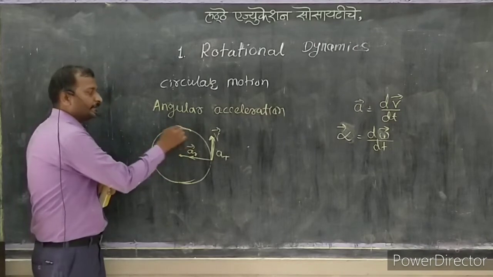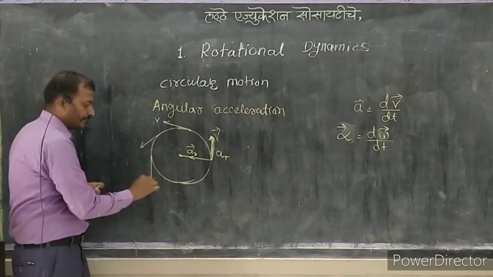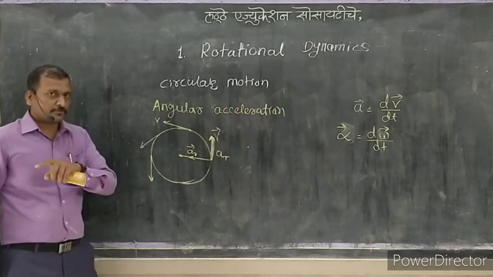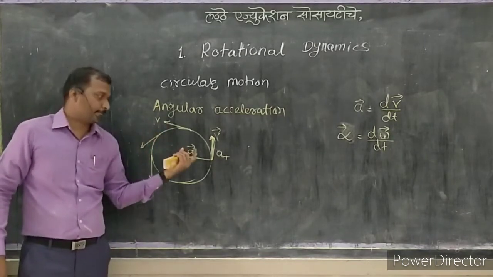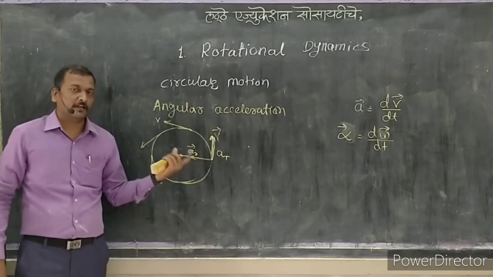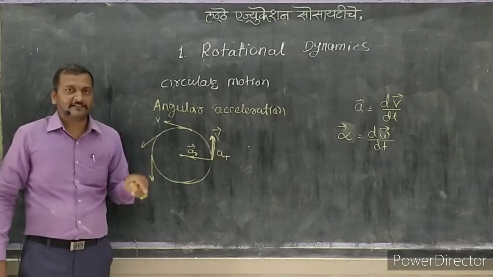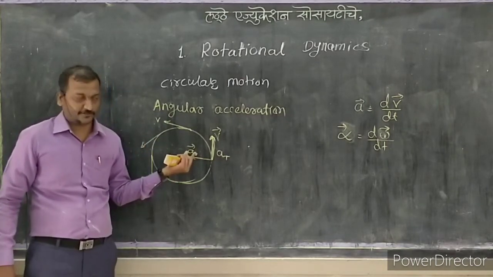At every moment the linear velocity is in a different direction. Whenever there is a circular motion, there is a change in the linear velocity, and due to this there is radial acceleration. So whenever a particle is in circular motion, there will be radial acceleration.